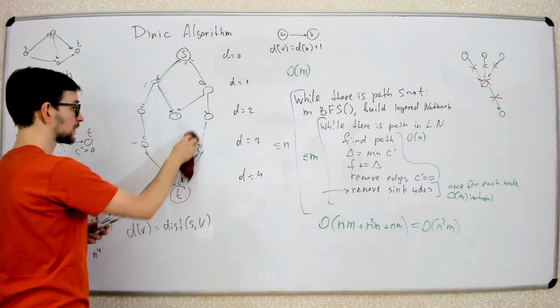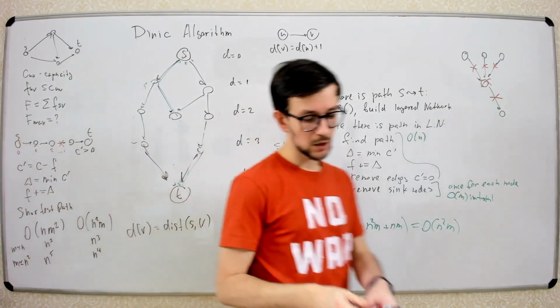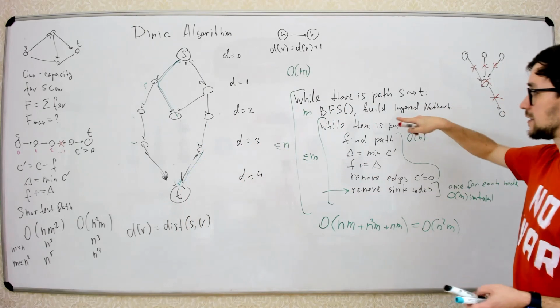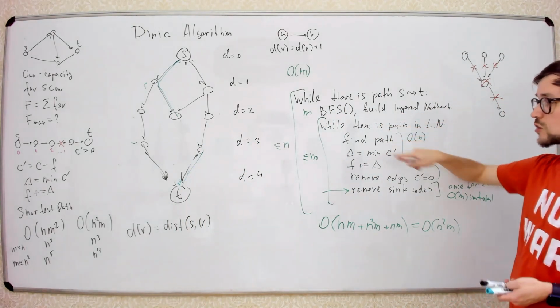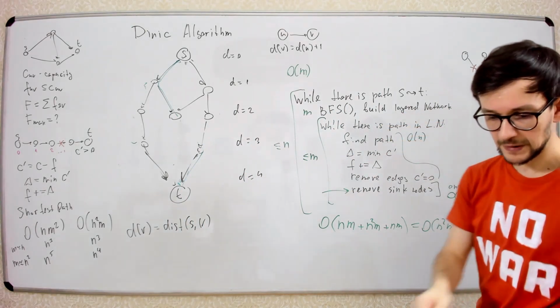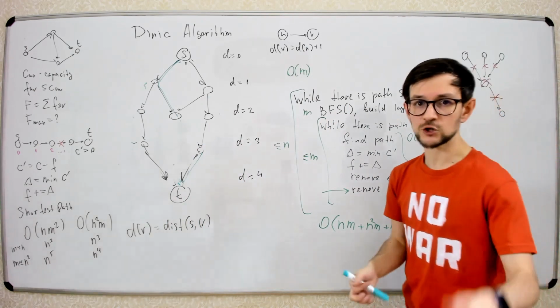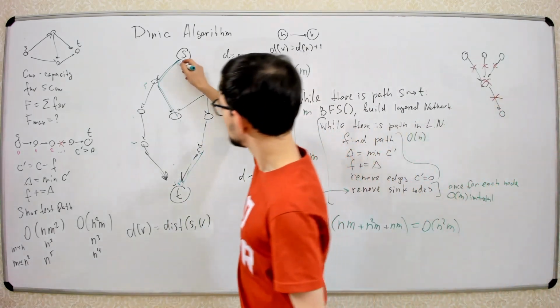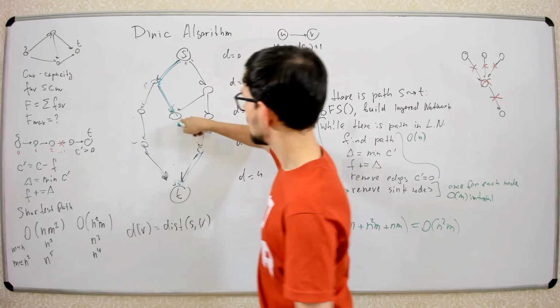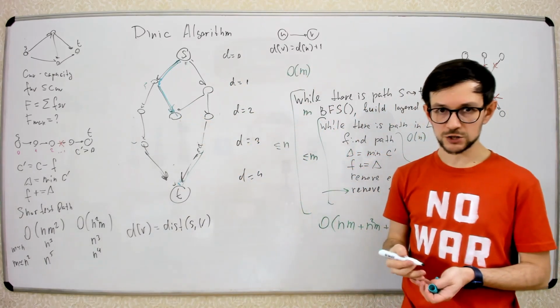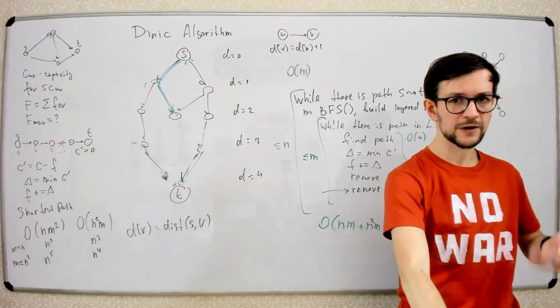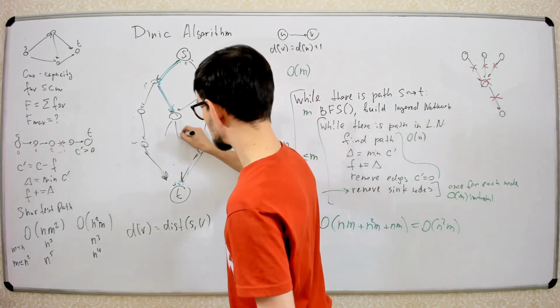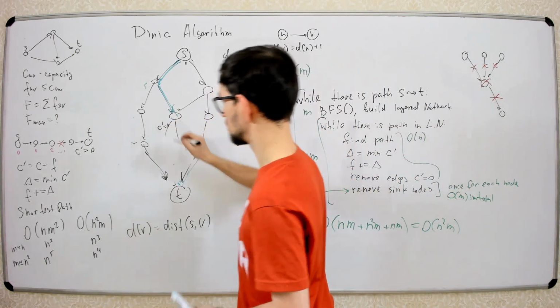Now, what will happen when you try to find the shortest path? You start from S, go here, then go here, and here you don't have any outgoing edges. There are actually some edges, but they have capacity equal to 0.